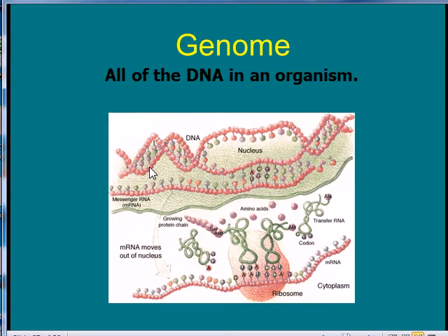So your genome, that's all the DNA found in the organism. And remember when we watched that video on the Facebook site for the complexity of the language of life, this is what we find here, something highly complex.